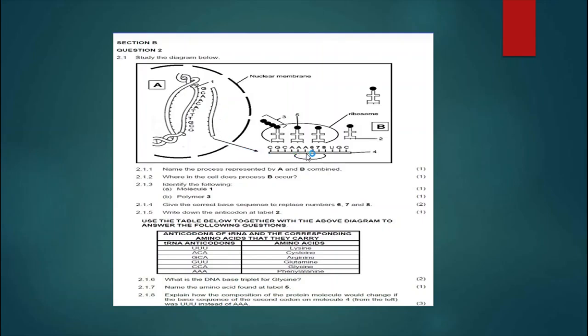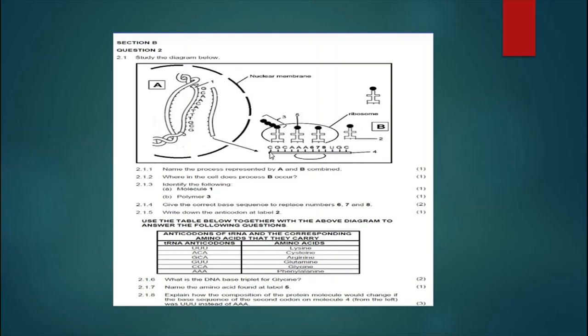Let's look at mRNA at 4. So we have mRNA which has the nitrogenous bases. These nitrogenous bases on mRNA pair with the ones on the DNA molecule at A. If you look at G at the bottom, it pairs with C on the mRNA, starting from the left.